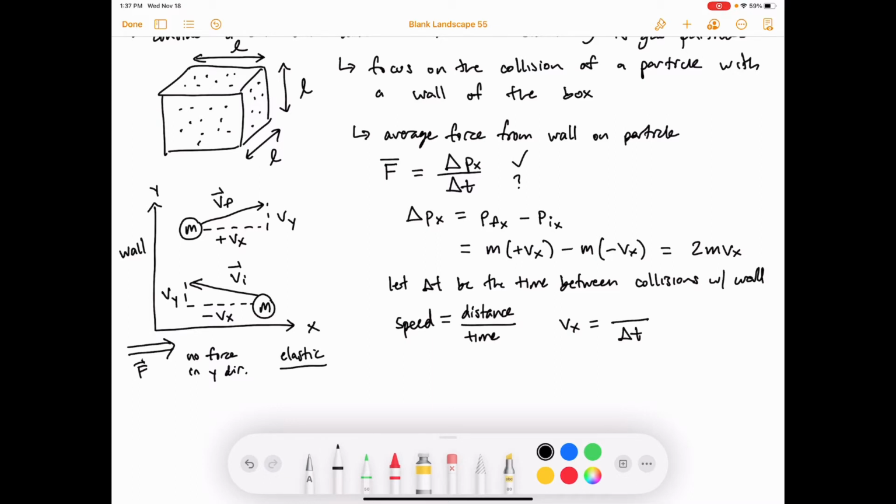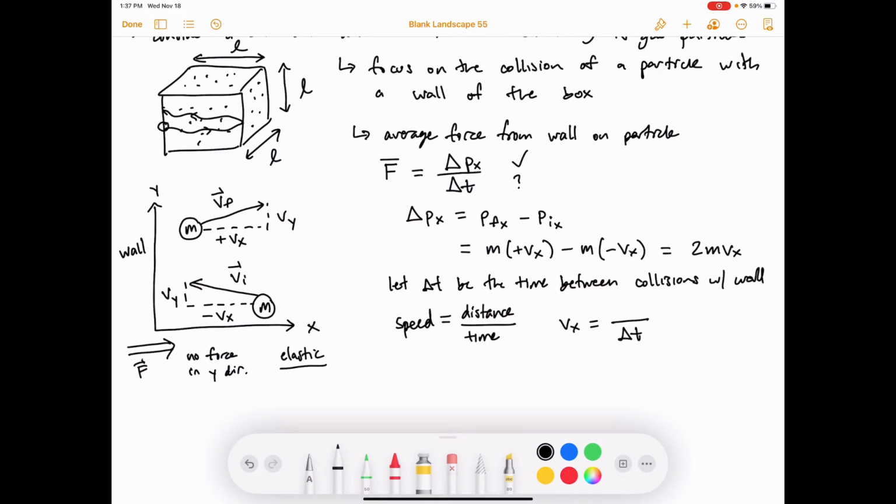So let's really think about this. Let's say the particle collides with this wall on the left side over here. How long does it take before that particle hits the wall again? Well, it's basically going to have to travel to the other side of the box, collide off of this wall, and then it will come back before it collides with that same wall again.